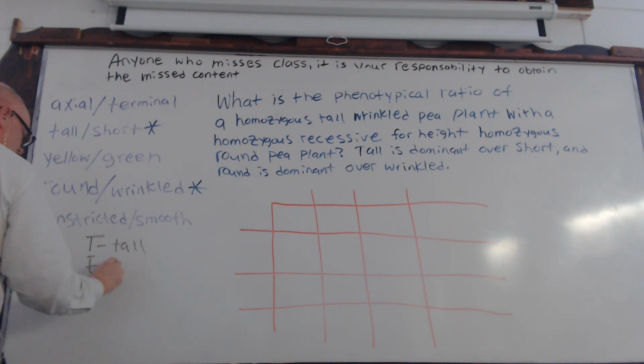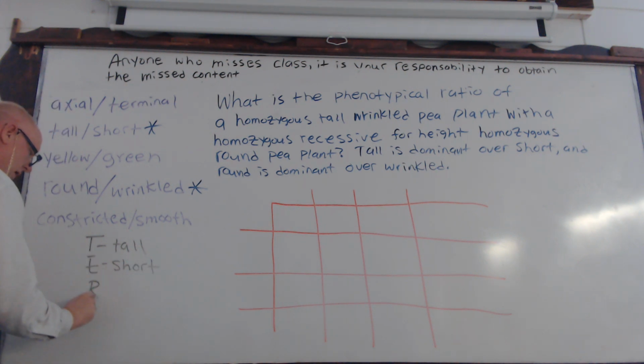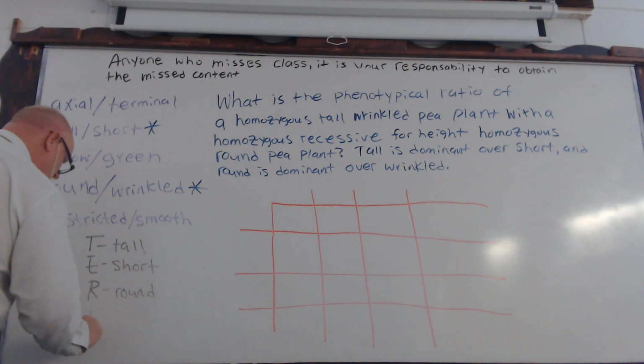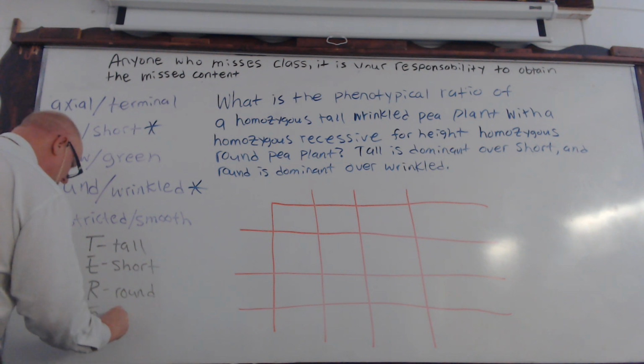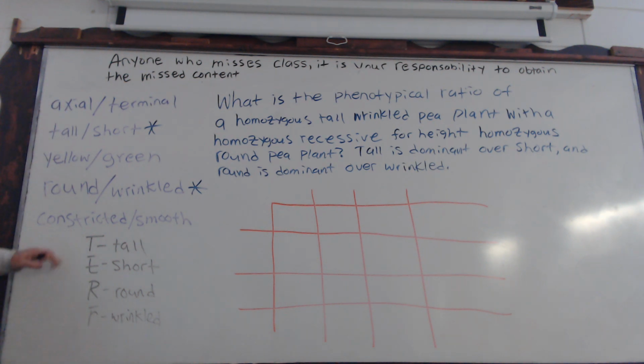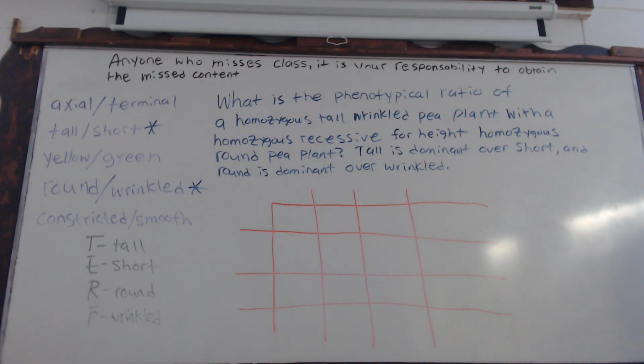Lowercase t would be short. Capital R would be round, and lowercase r would be wrinkled. So here's your key. You're always going to want to make a key, meaning it gives you your alleles and what they stand for.